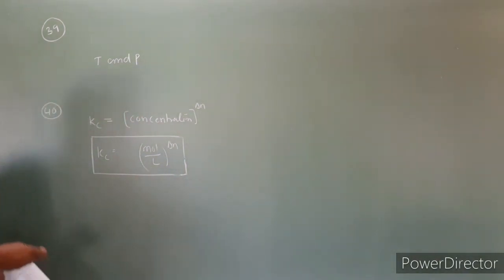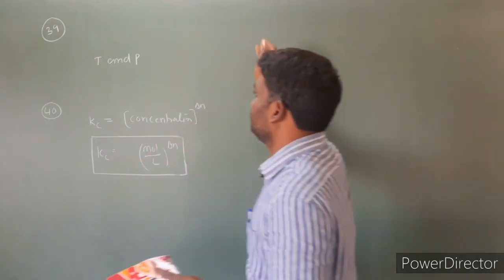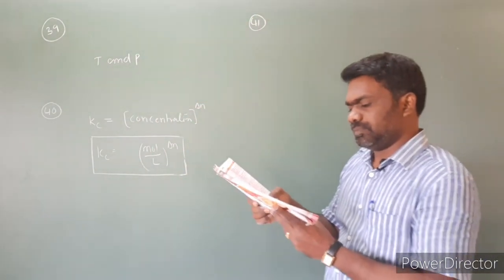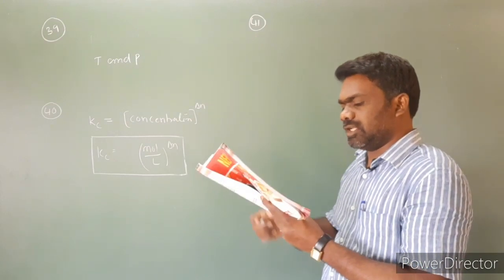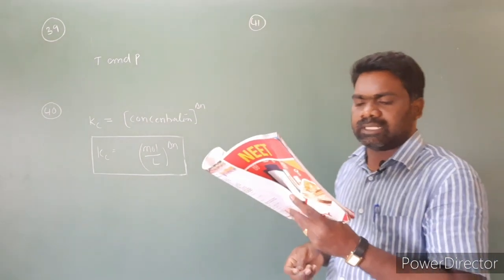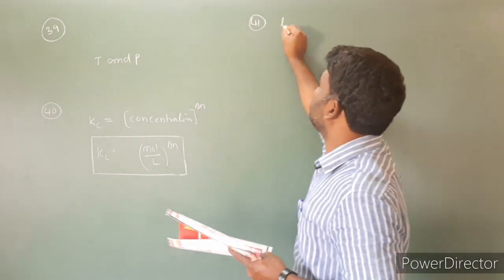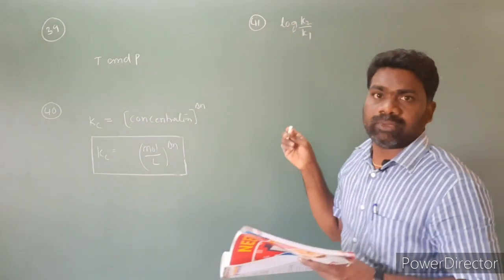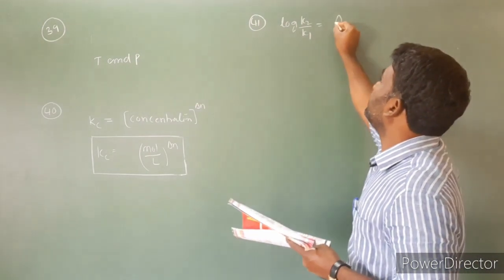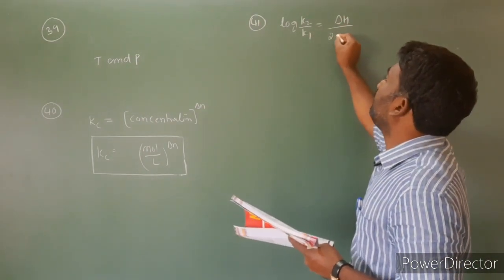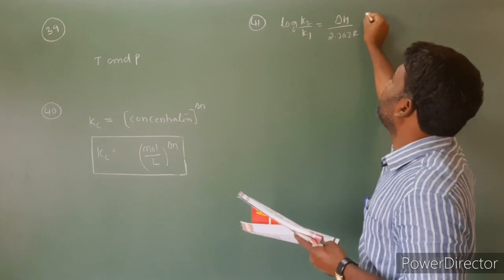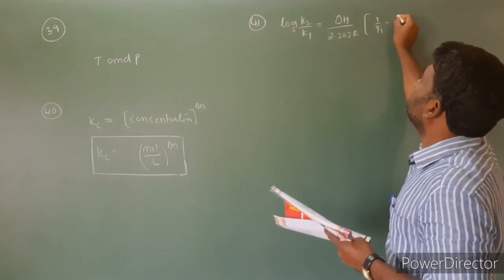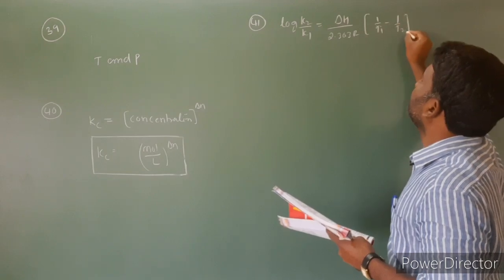Next, question number 41. Look at question number 41. According to the Van't Hoff equation, K varies with temperature as. So, the equation is log K2 by K1 is equal to delta H by 2.303 R into 1 by T1 minus 1 by T2.